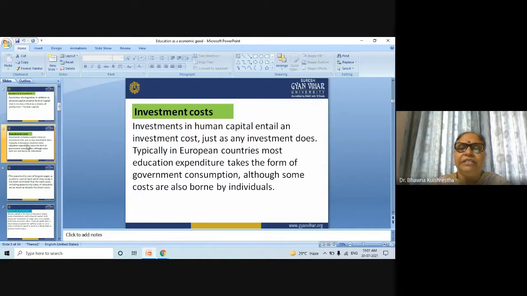And these investments can be rather costly. EU governments spend between 3% and 8% of GDP on education, in 2005 the average being 5%.